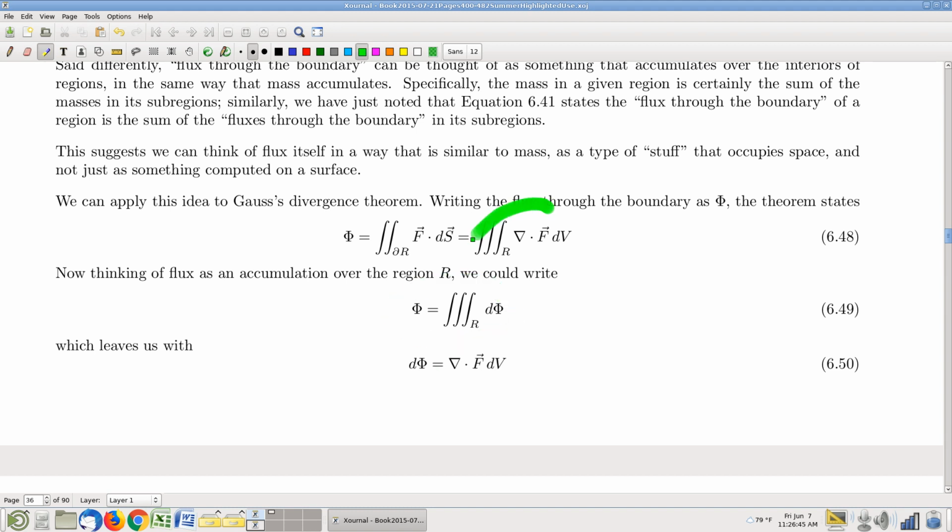And looking at these equations, if flux is a triple integral of divergence, then I can think of a differential amount of flux as being divergence times a differential amount of V. And noting how similar that little thing is to this familiar old equation, dm equals density dV, notice that divergence is playing a role.